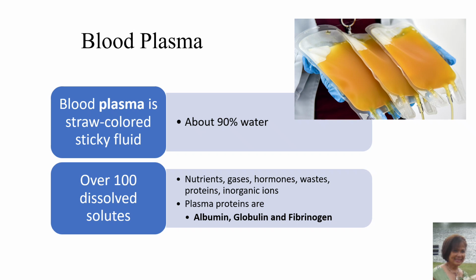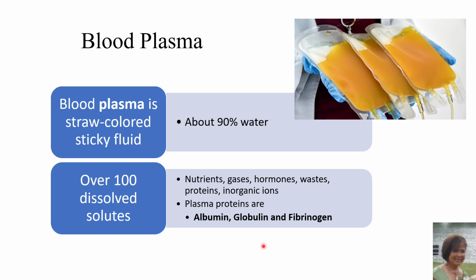Albumin makes up about 60%. This part here, let me turn on my pointer, which is albumin, takes up about 60% of the plasma protein. It's a carrier molecule, it's also a blood buffer, and it contributes to the osmotic pressure of the blood.